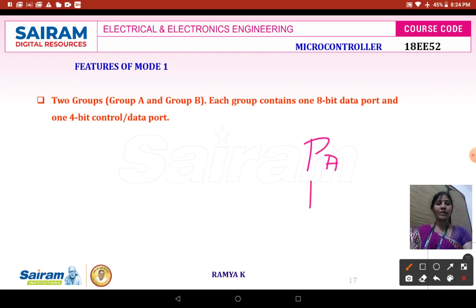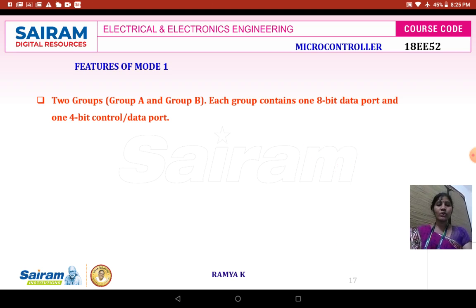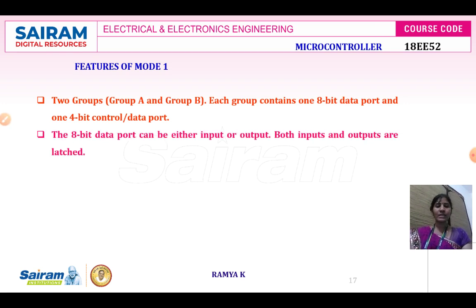Port A and port B will act as 8-bit ports, whereas port C upper has 4 bits and port C lower has another 4 bits. So these are the two groups that get control. All the three ports are 8-bit ports.